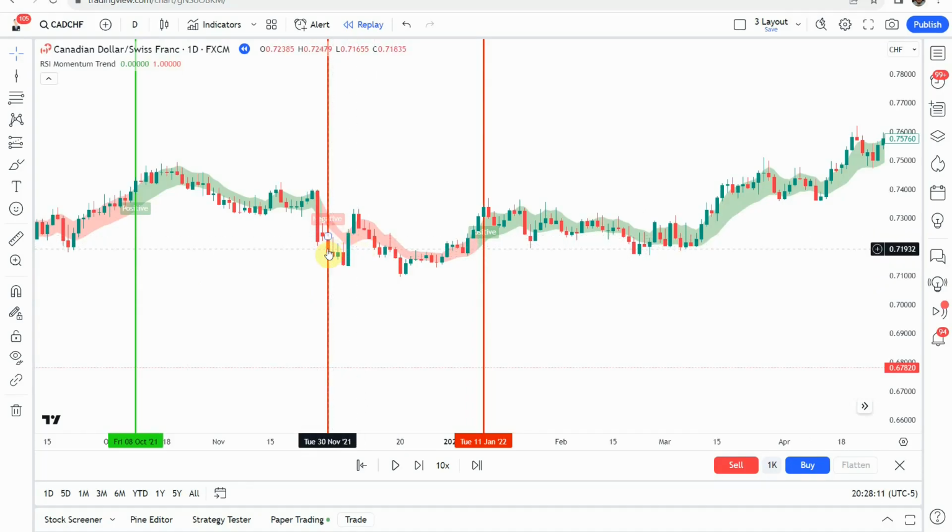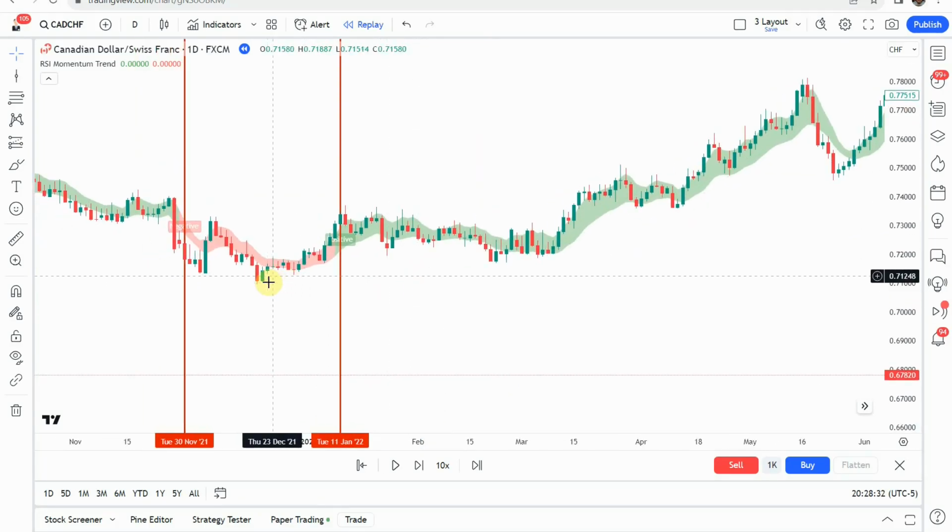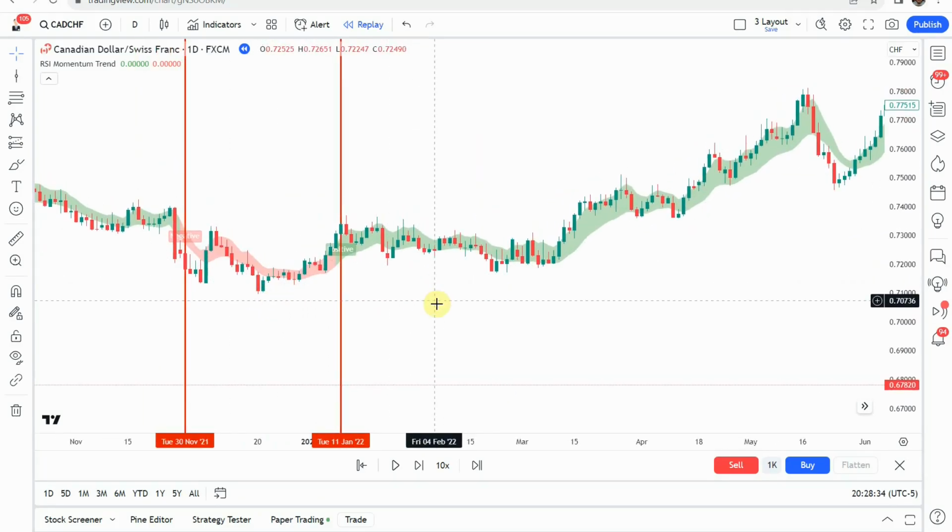You can see here that we get a sell signal, and then pretty much immediately this spike back, or this correction. It's a little bit of a hard one here, not like some of the others, but we get a correction here and then a push back to the downside.